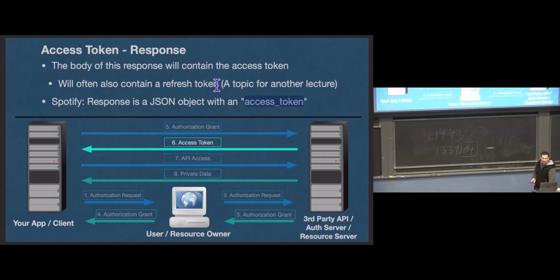It's also going to have a refresh token, which I say is a topic for another lecture, but that lecture is today. We're just cleaning up Wednesday slides right now. So an access token and a refresh token. The access token is the one we're interested in for AOs 1 and 2. We're not going to use the refresh tokens, for reasons I'll talk about when we get to that topic.